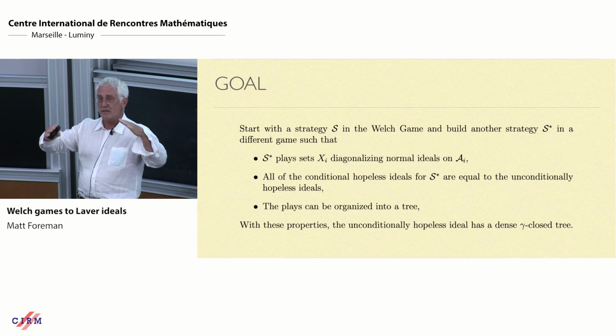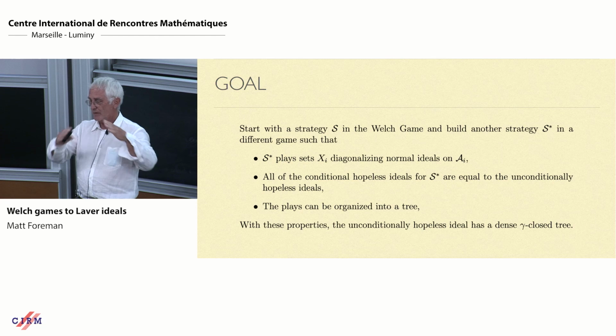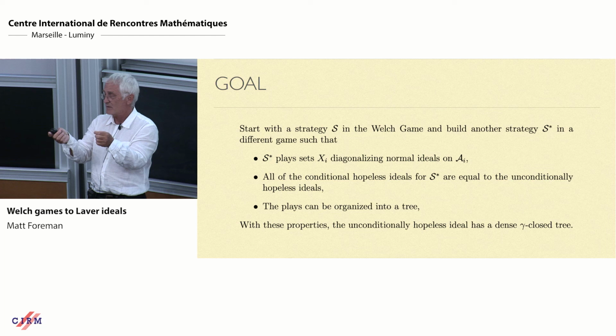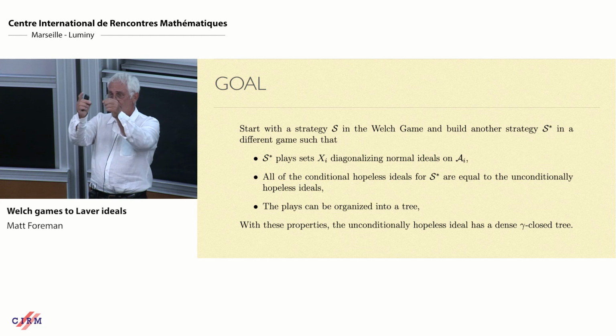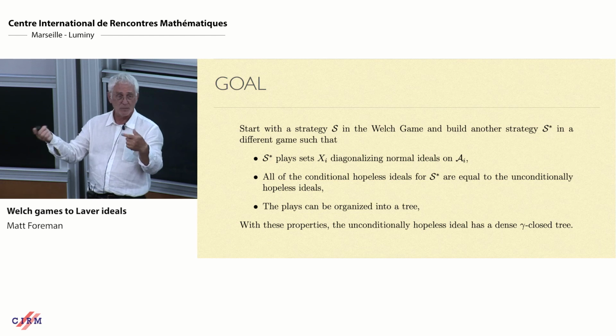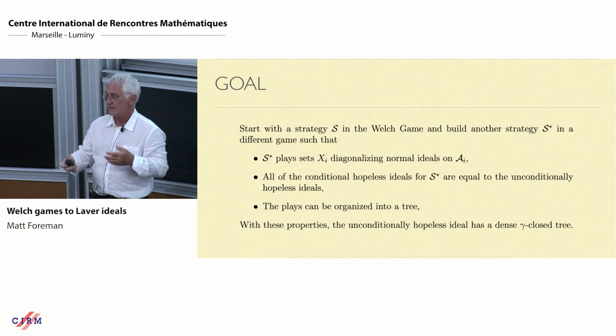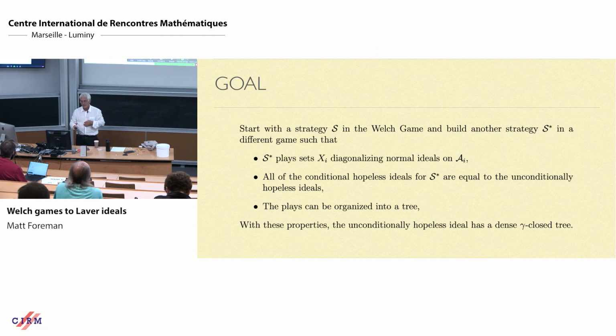And moreover, these plays can be organized into a tree. So with these properties, the unconditionally hopeless ideal has a dense gamma closed tree, namely the collection of sets played by player 2 in S star. If you're playing a game, then the results of that game form a tree, depending on how you respond. And so you get a dense tree, namely these sets played by the strategy S star.